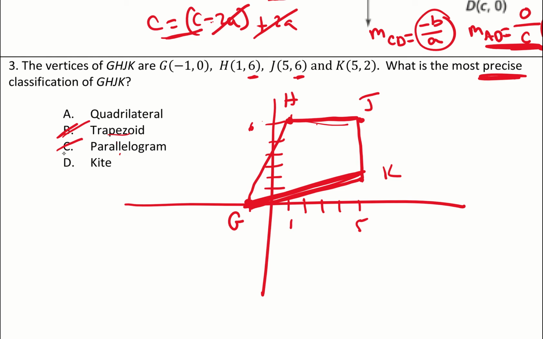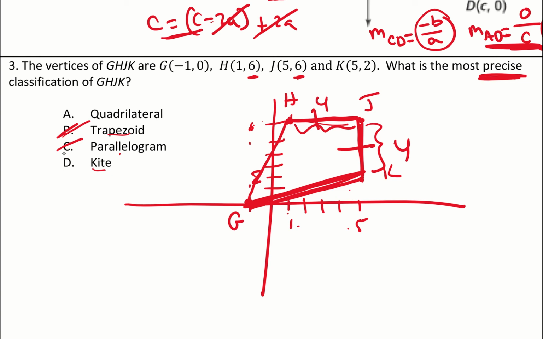And so is it a kite? Well, the way we define it as a kite is if these are the same and these are the same length. So let's see if that's true. The distance from there to there is from 1 to 5, which is 4. 5 minus 1 is 4. And then the distance from here to here is from 2 to 6, and 6 minus 2 is 4. So yes, these are congruent. And then we have to verify these.